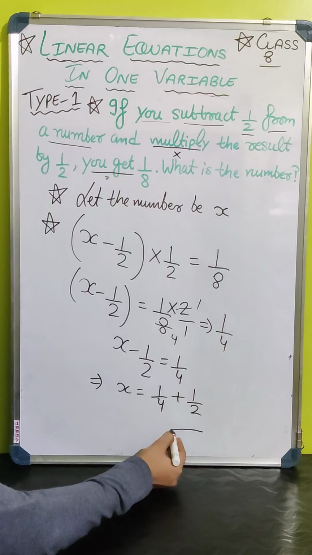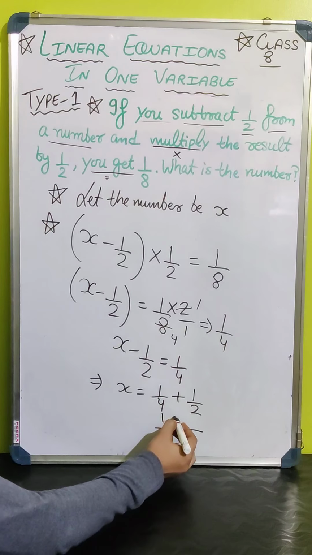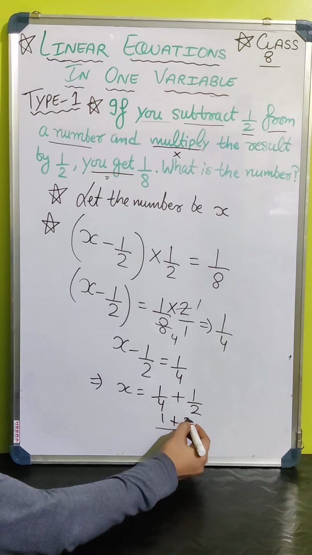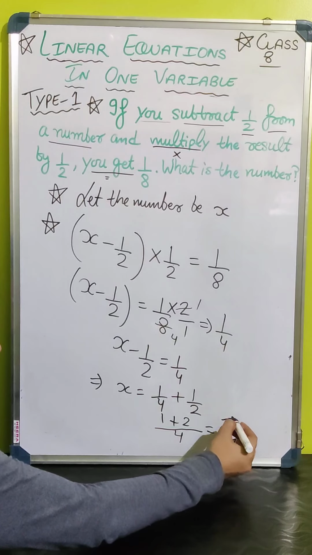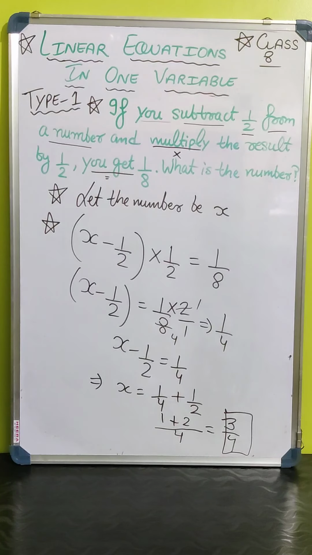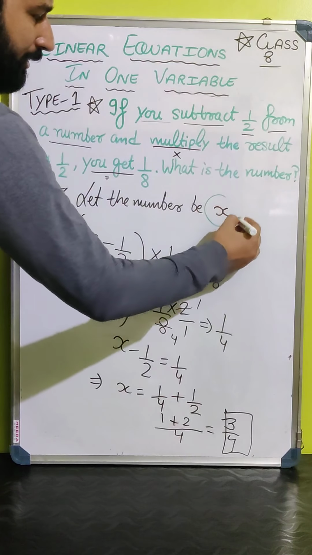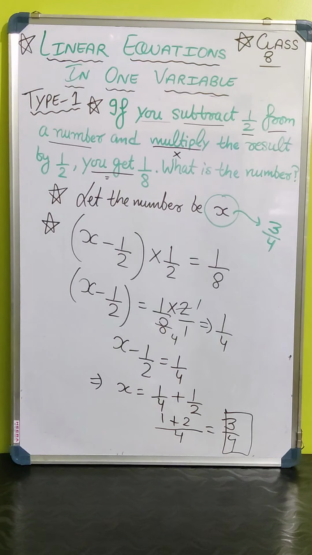Now take the LCM. LCM will be 4. 4 ones are 4, 1 one is 1. This is 2 twos are 4, 2 ones are 2. So it should be 3 by 4. So the required number is 3 by 4, the number which we let in the starting. Understood everyone?